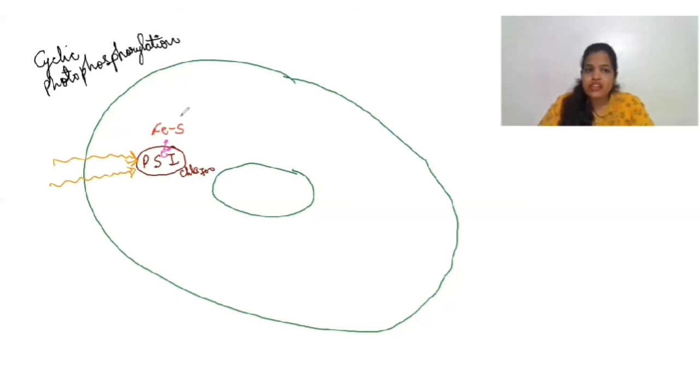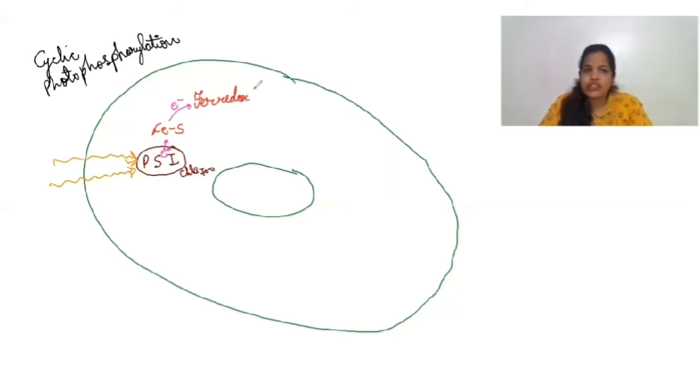From this iron sulfur compound, the electron will be transferred to the next electron carrier, or we can say the first electron carrier present in cyclic photophosphorylation, that is ferredoxin.